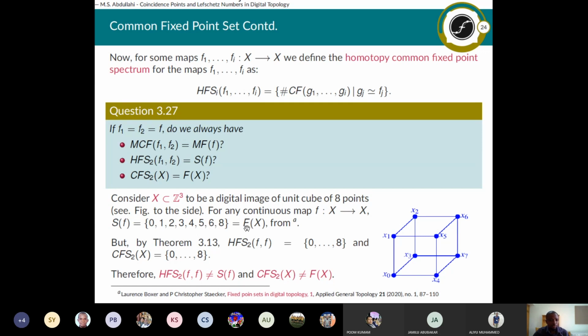And from this paper by Boxer and Staecker, they have shown that it is this set without having 7.